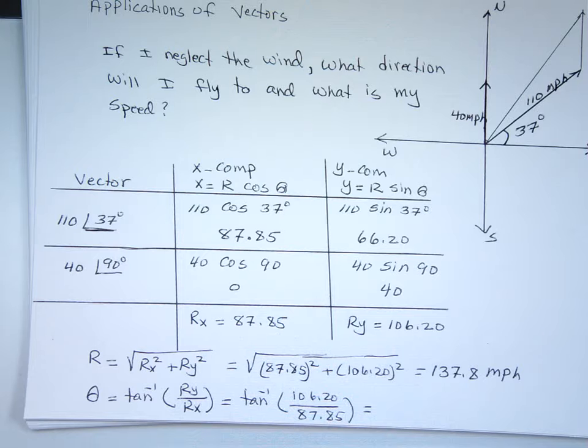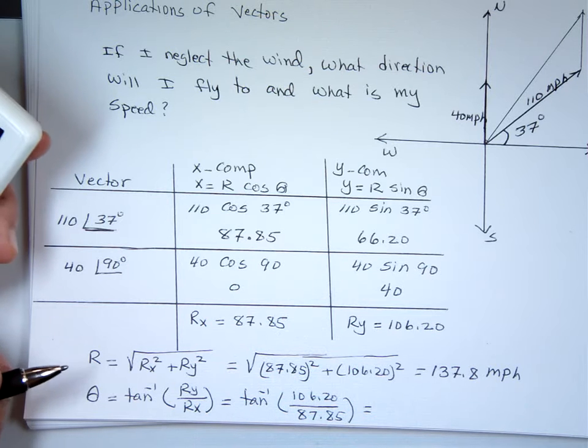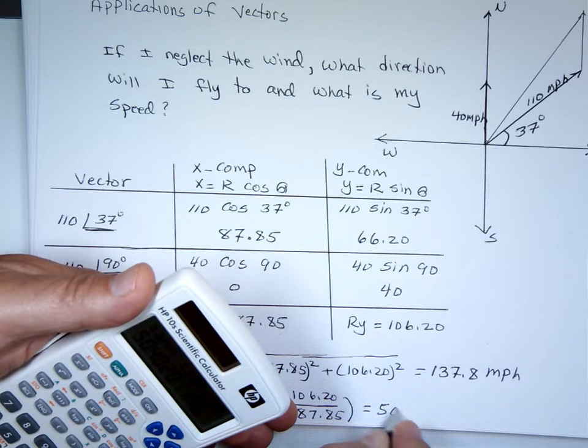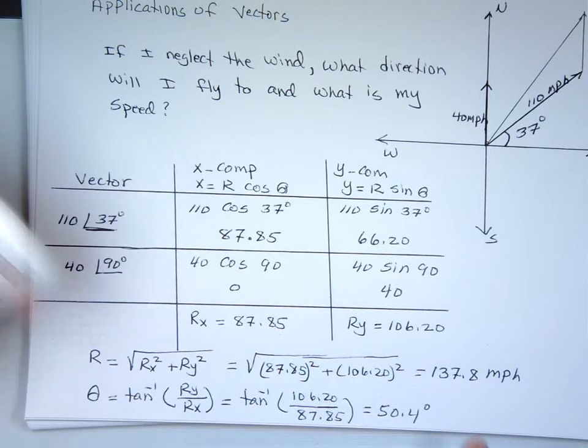Inverse tangent, parentheses, here we go, 106.20 divided by 87.85. It's 50.4 degrees. I missed it by 13 degrees.